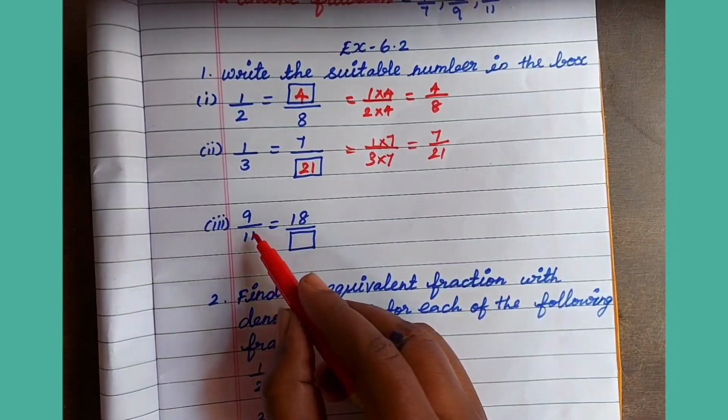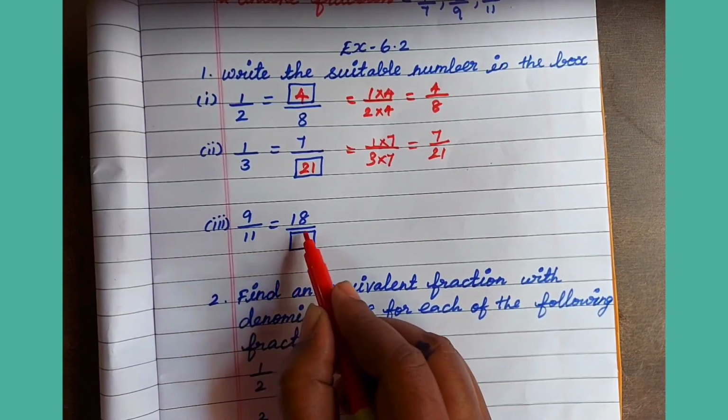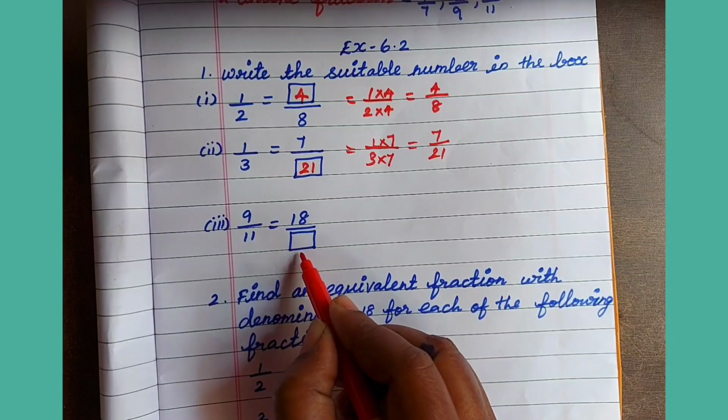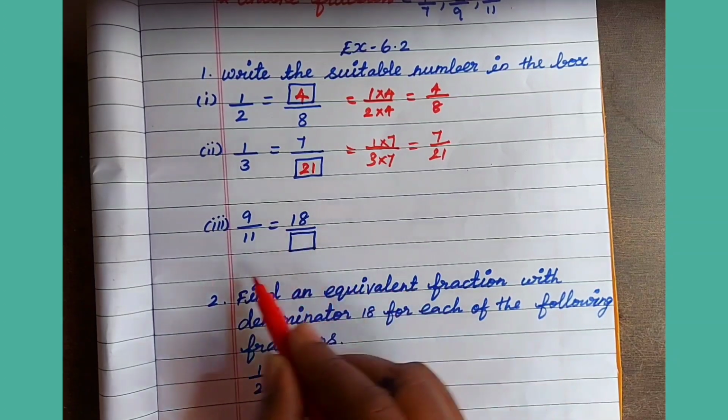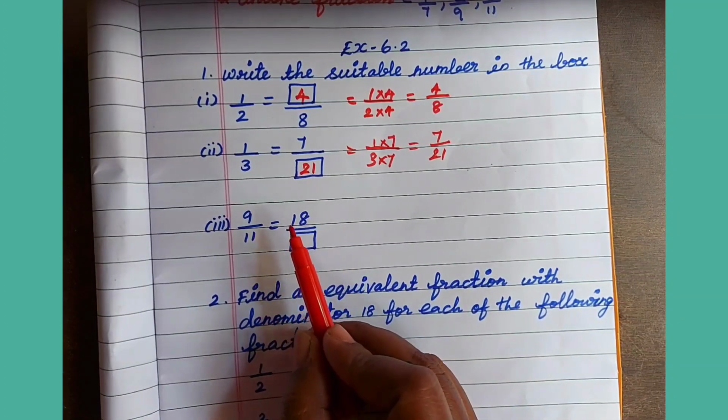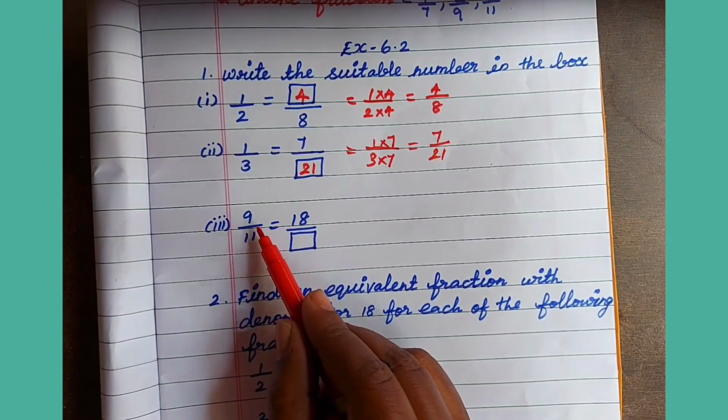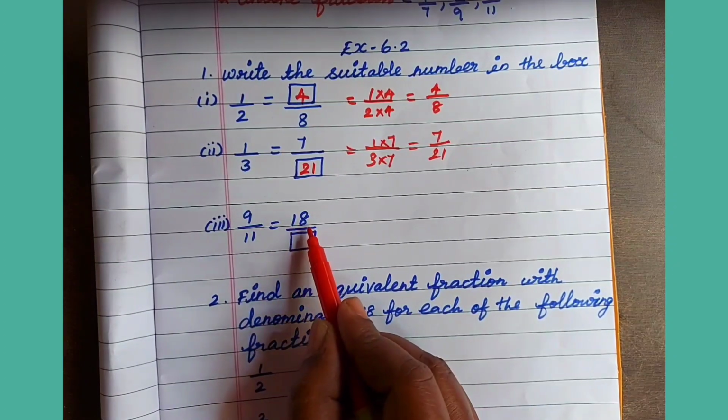Next one, 9 divided by 11 is equal to 18 divided by dash. To find the missing number, the value for 9 to get 18 is 2 times.